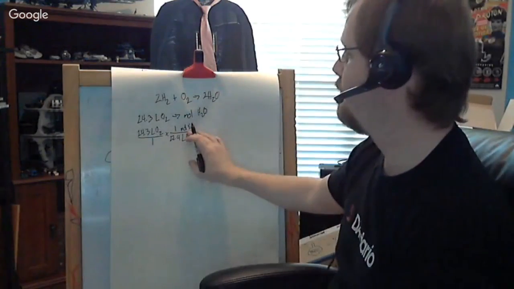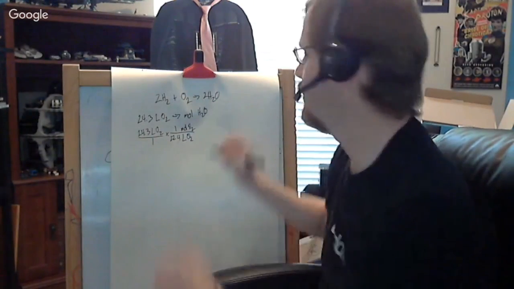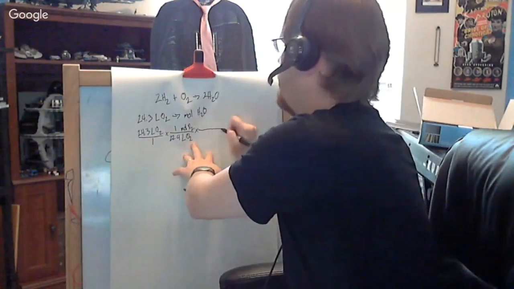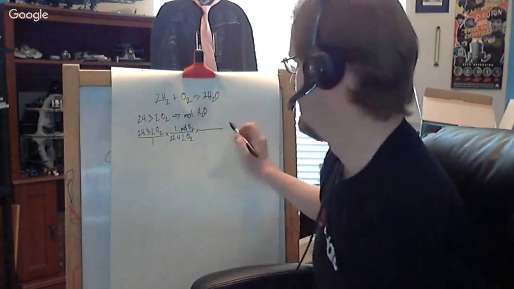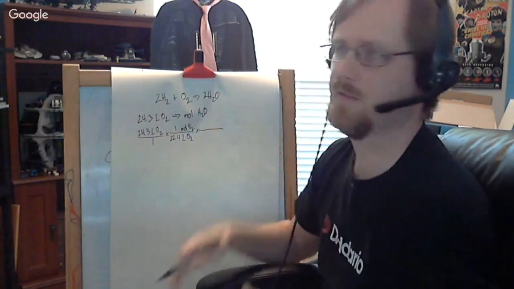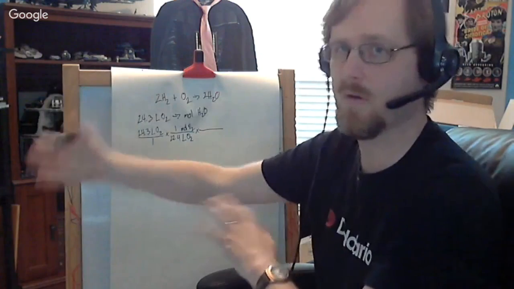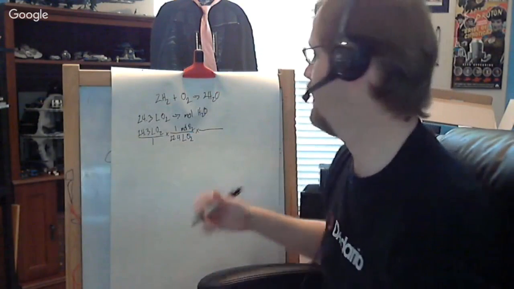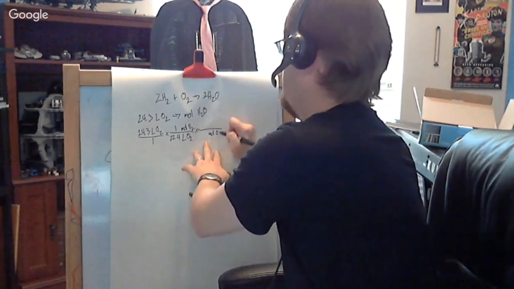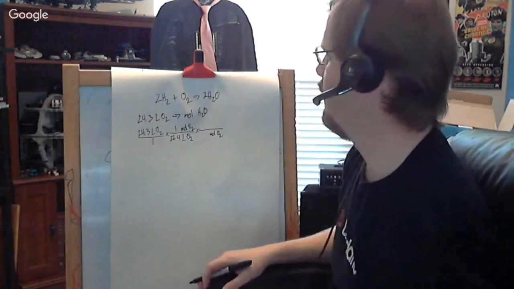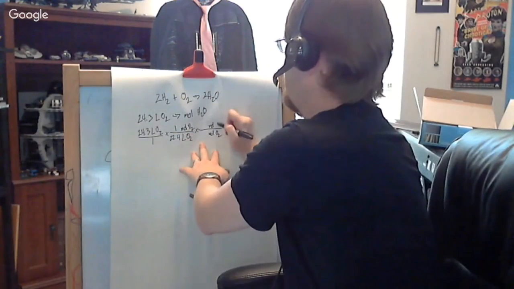And now that I'm at moles, I can actually do the real stoichiometry, which is just using the balanced equation here. So this portion right here is the gas stoichiometry. This over here is just normal regular stoichiometry. If you know that from the first part, then you're still going to know it here. So moles of O2 is going to go on the bottom, and since I'm asking for moles of H2O, that's going to go on top.